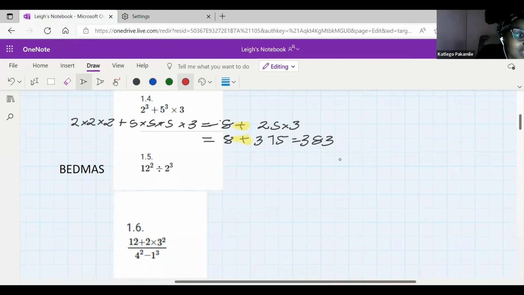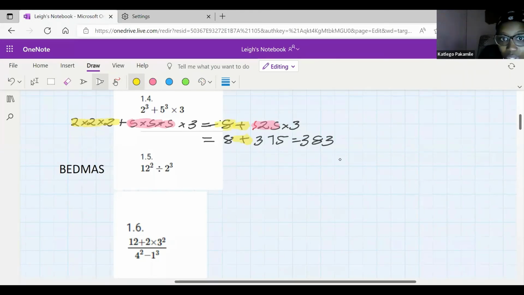So remember, BEDMAS says addition is after multiplication, right? So first you solve this multiplication, this one, which was the exponent, 2 times 2 times 2, and then we had 5 times 5 times 5, right? So 5 times 5 times 5 is, sorry, not 25, is 125. That's the answer for 5 times 5 times 5. And then 2 times 2 times 2 is 8.